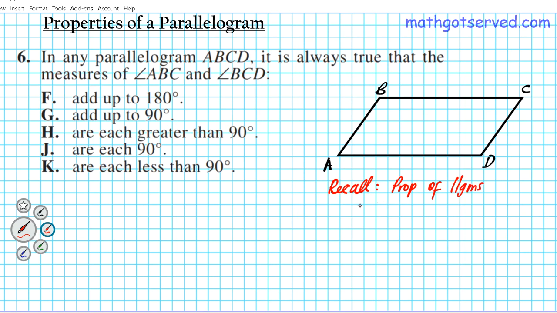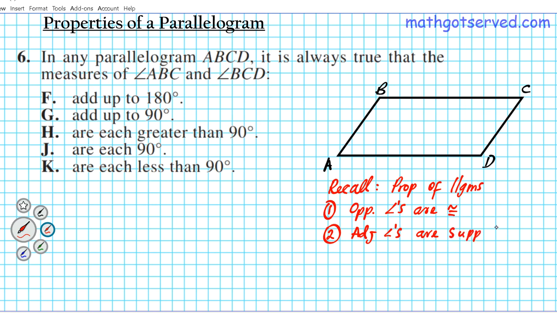So the first one you want to remember is that opposite angles are congruent. Okay, opposite angles are congruent, and that's the notation for congruency from geometry. Alrighty, and then you also have to remember that adjacent angles, basically angles that are next to each other, are supplementary.